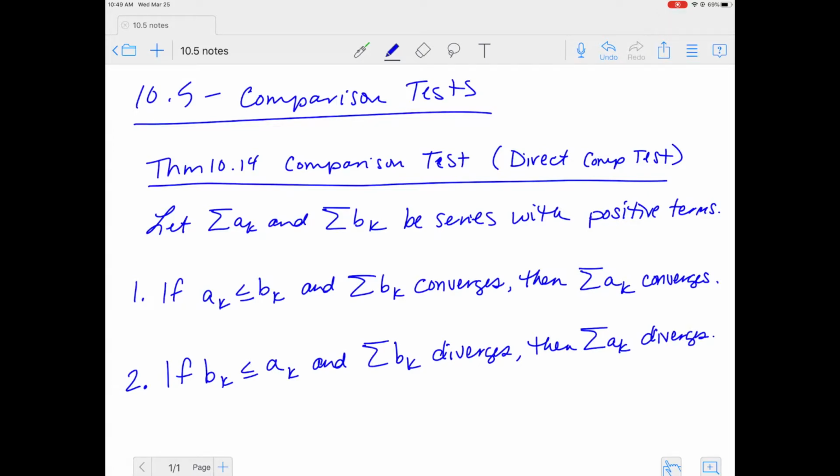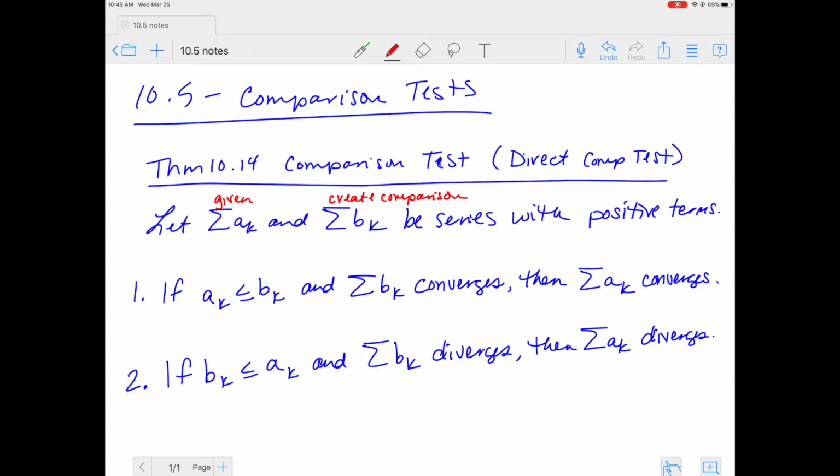Now, here's the deal. Whenever you're making these comparisons, so yes, I have these 2. A sub k is always what is given to you. So that's going to be the series that you are given in your problem. You are going to create the comparison of B sub k.